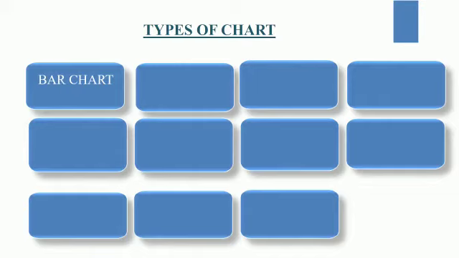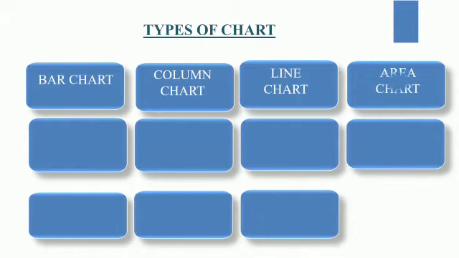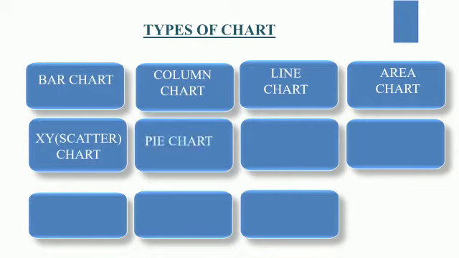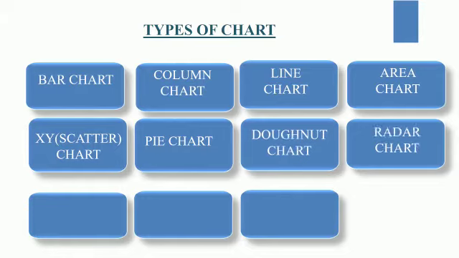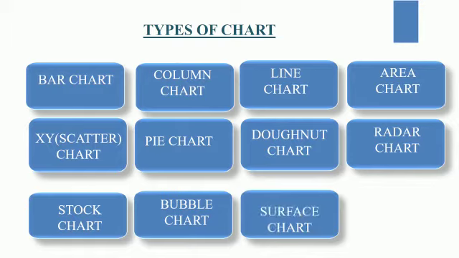Bar chart, column chart, line chart, area chart, scatter chart, pie chart, donut chart, radar chart, stock chart, bubble chart, surface chart. So children, let us learn one by one.